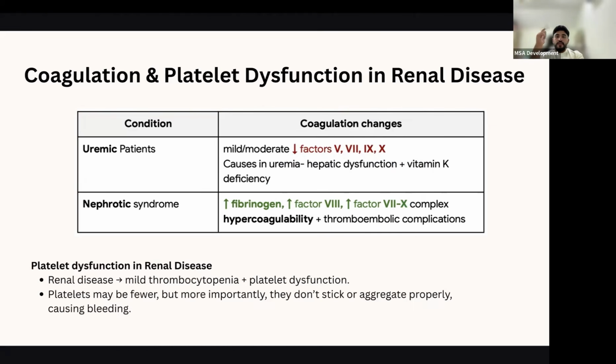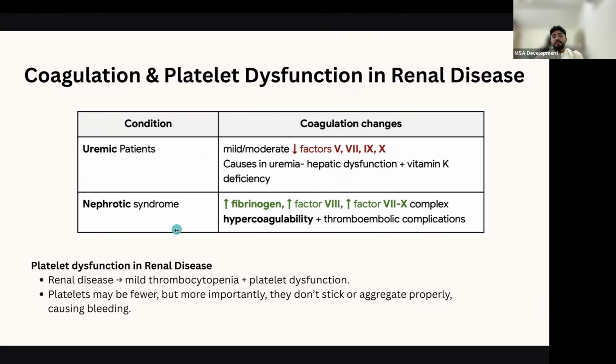So it's factors 1, 9, 7, and 2. Sorry, 10, 9, 7, and 2. Okay. So here, 9 and 10 are needed, right? And 7 also. All of them need vitamin K. So if the patient is uremic, usually they're vitamin K deficient. They're going to have less of these coagulation factors, which will lead to coagulation dysfunction.